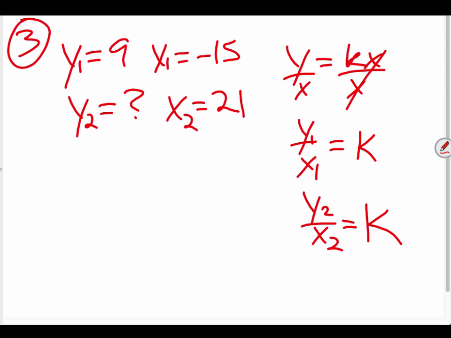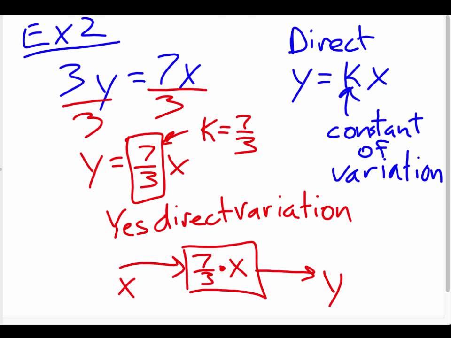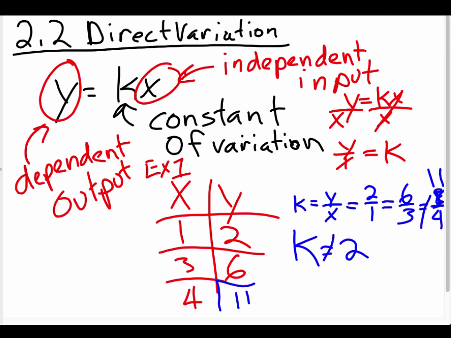Well, if y sub 1 over x sub 1 is equal to k, and y sub 2 over x sub 2 is also k, could I plug all that in and find y sub 2? Yes. And we know that this is what it means to have direct variation, because in our first example, the way that we found the constant k is we said that these all had to be equal.